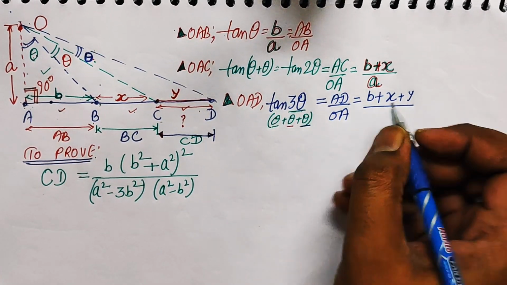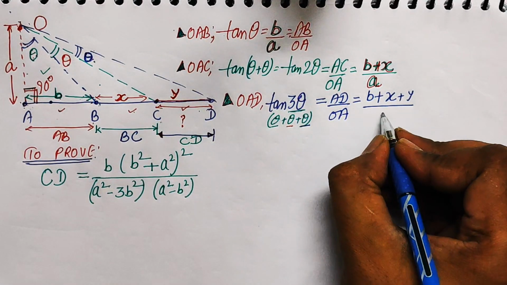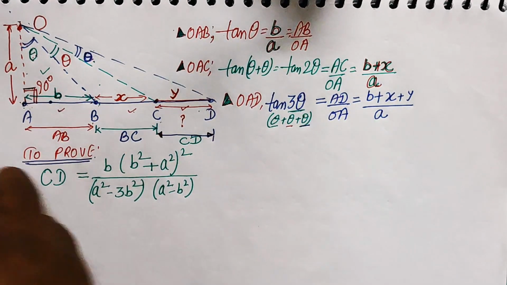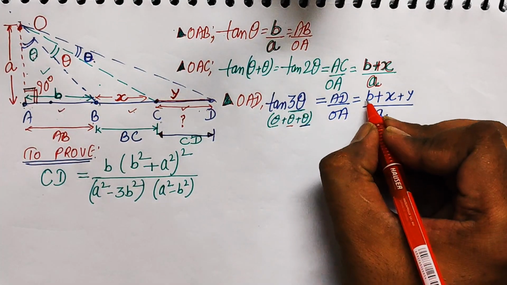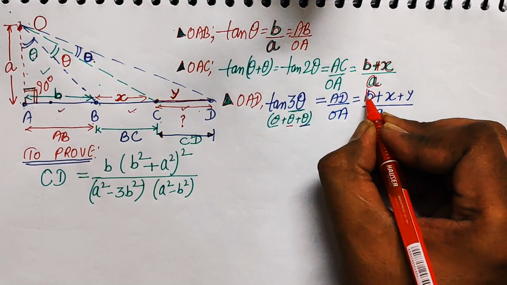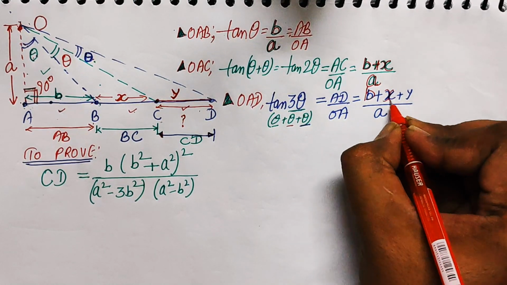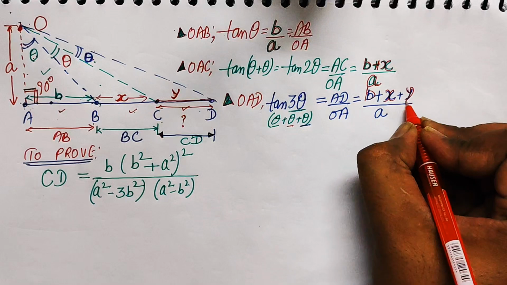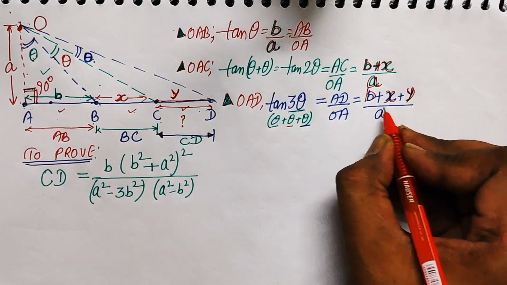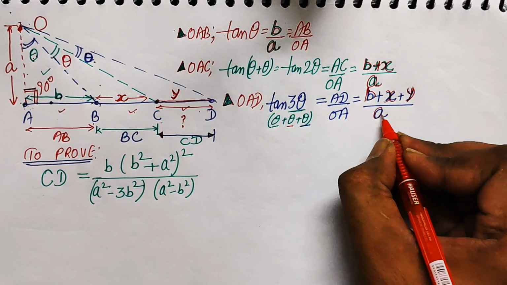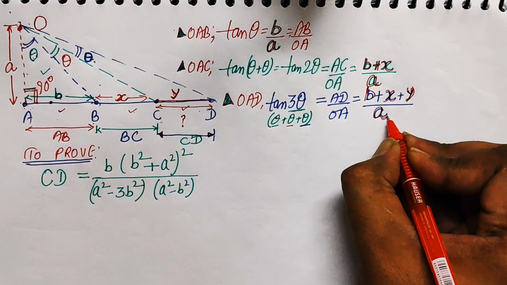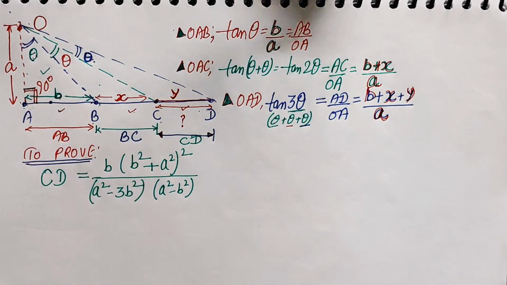Divided by OA. And what is the value of OA? It's the same, a, right? So in this way, the value of tan 3 theta is also calculated, that is b plus x plus y divided by small a, right?